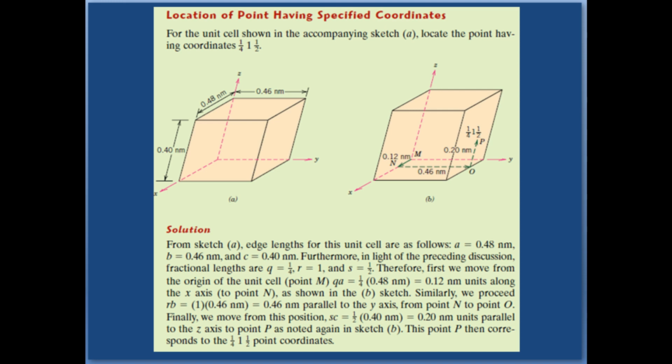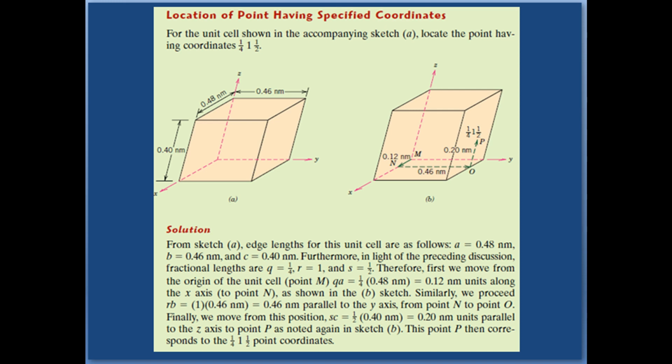Therefore, this gives 0.20 nm parallel to the z-axis to point P, as noted again in sketch B. This point P then corresponds to the point coordinates 1/4, 1, 1/2. This is the solution to determine the point for the given coordinates. According to these coordinates, we have located the point P.